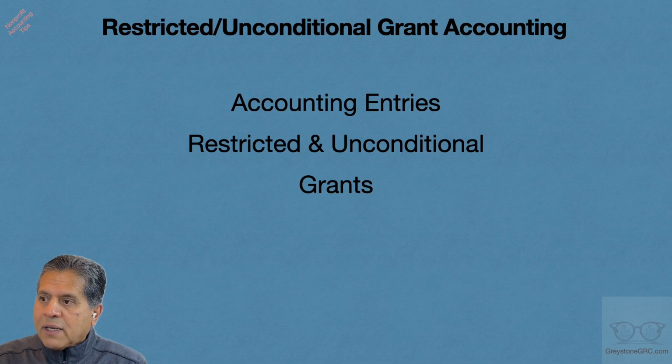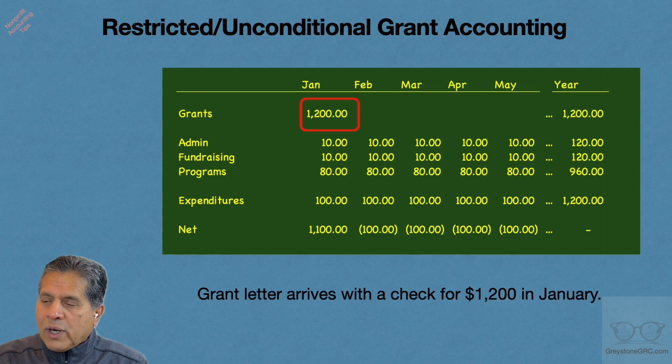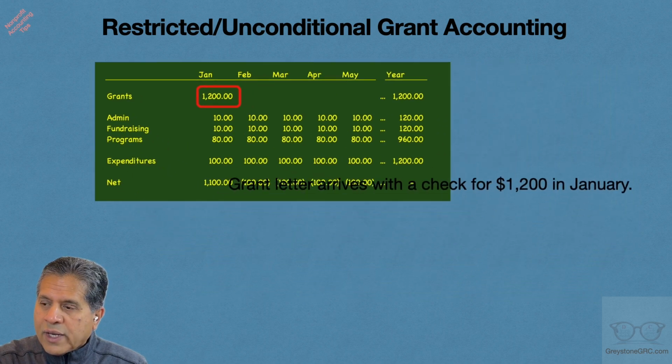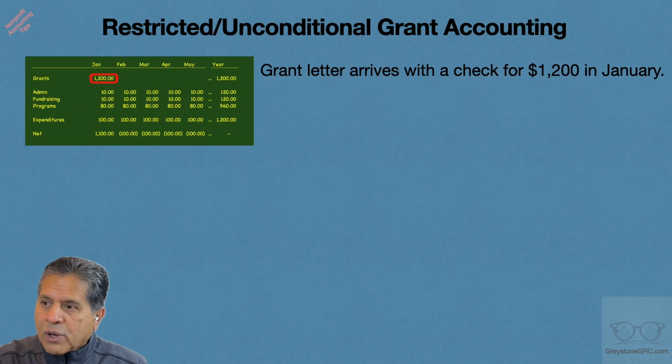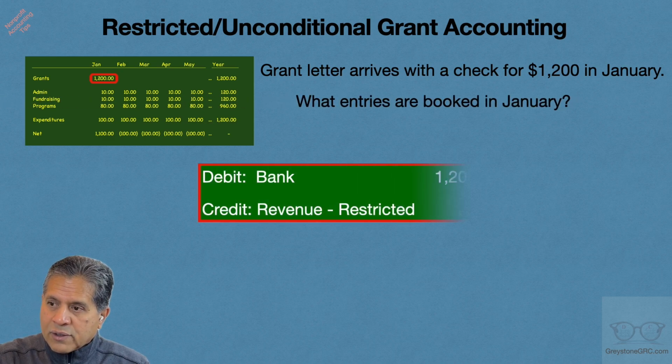So what does that mean in terms of accounting entries for restricted but unconditional grants? Well, in this example, we've received the $1,200 in January, or we've received the grant letter in January. And so we need to go ahead and book it. So the check arrives, and what entries are booked?